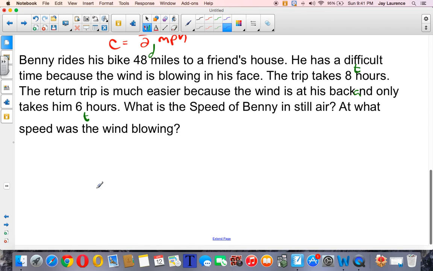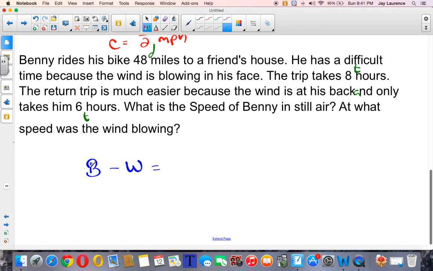Well, let's see. I've got Benny's speed. He's out riding his bike. So there's the bike speed or Benny's speed. In the first equation, he's having a tough time because the wind's in his face. The wind is going to be slowing him down. So I'm going to take away the wind speed from Benny's. It's going to be reducing his speed. All right.